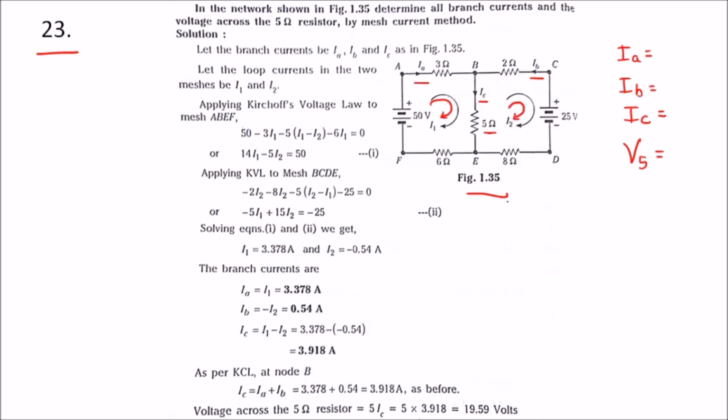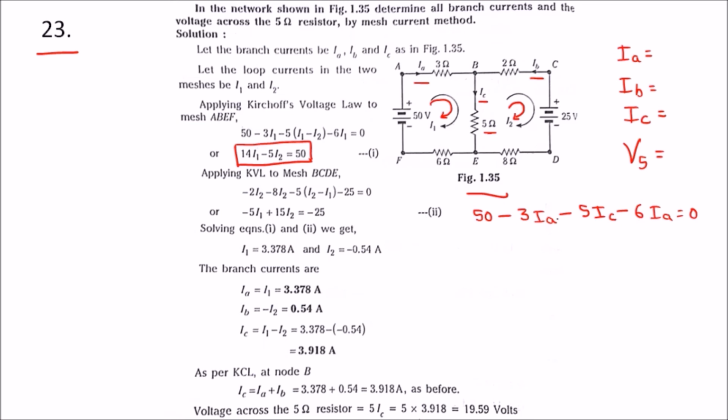When we apply Kirchhoff voltage law, we will get 50 minus 3 IA minus 5 IC minus 6 IA. We will further simplify this, and we'll get one equation, that is 14 I1 minus I2.